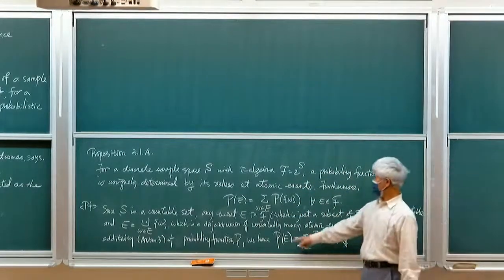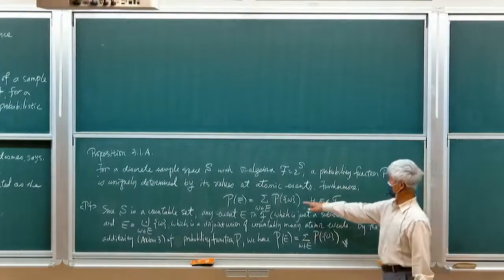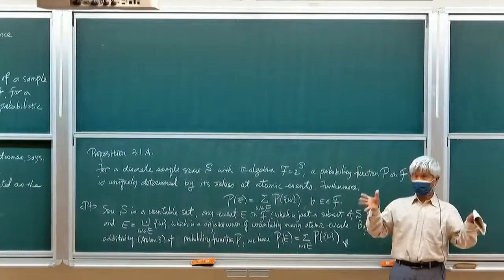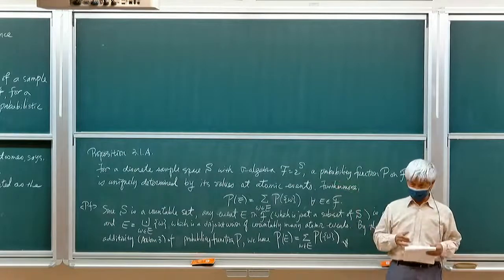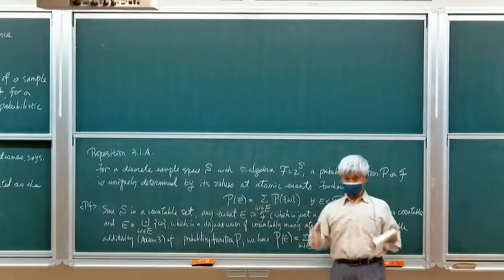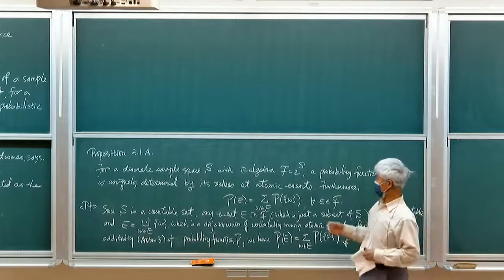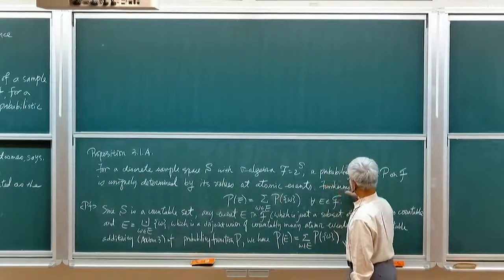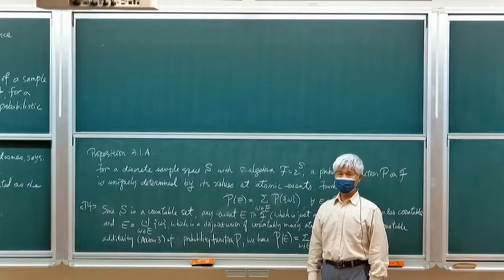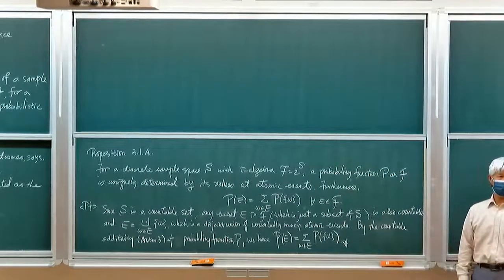And so the probability measure is uniquely defined by its values on atomic events. Okay, so this proposition is quite useful. To describe a probability function, it is sufficient that you describe the value of the probability function at atomic events. Questions?